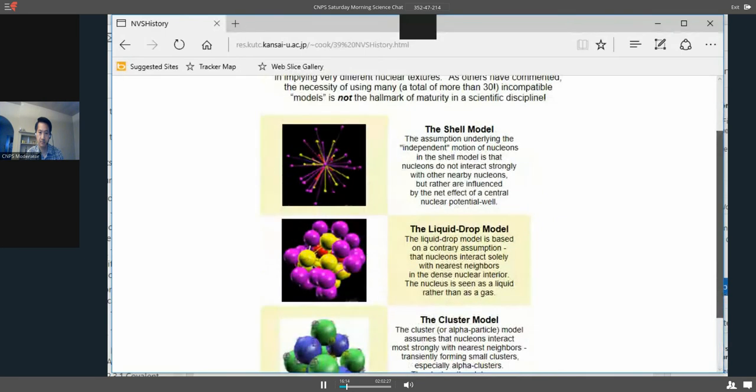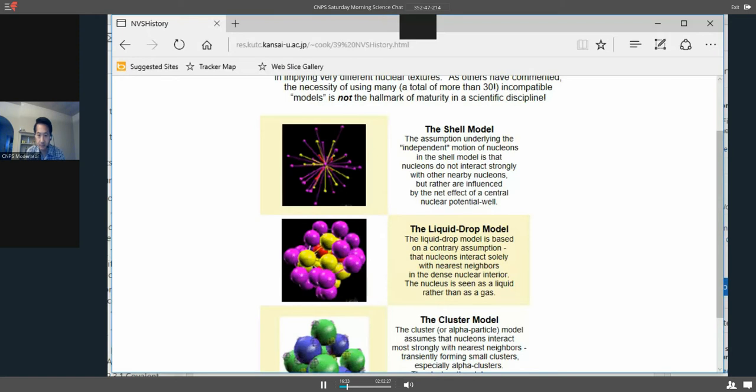But we started out with the plum pudding model of the nucleus, and then we went to shell models to kind of mimic what we were doing for the outer atomic electrons.